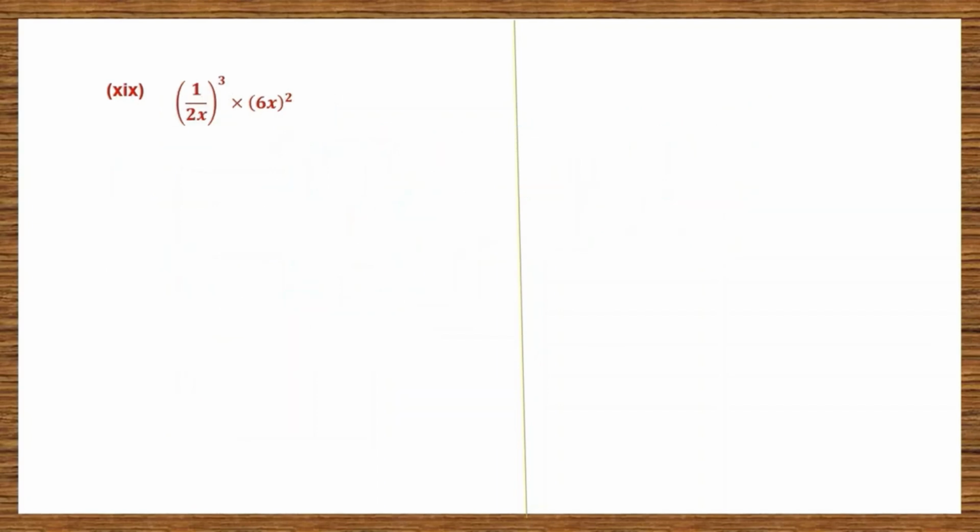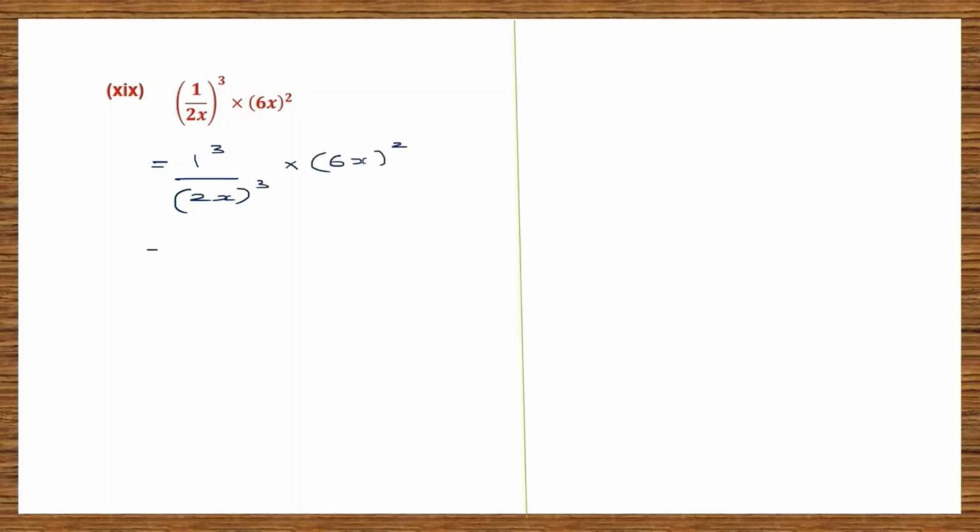Question 19. So 1 by 2x raised to the power of 3 into 6x raised to the power of 2. So here again, this will be 1 raised to the power of 3 by 2x, the whole of 2x raised to the power of 3. And here we already have 6x raised to the power of 2.